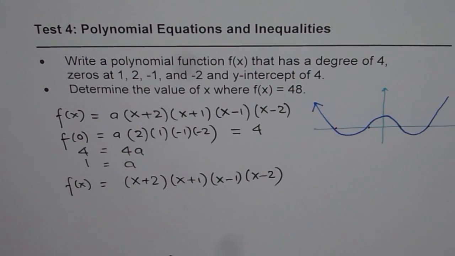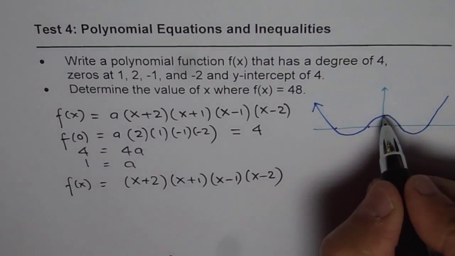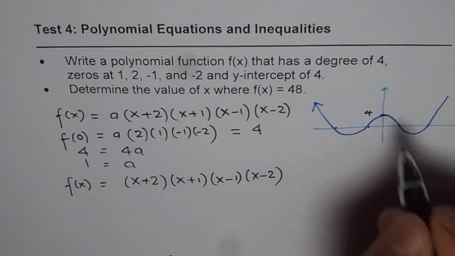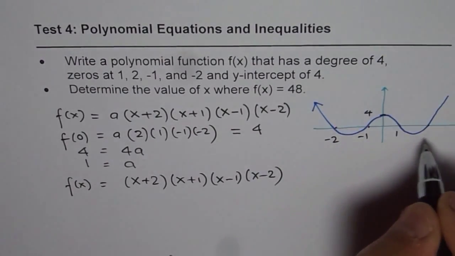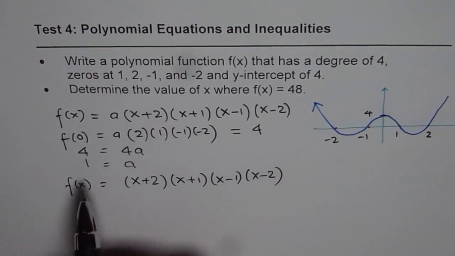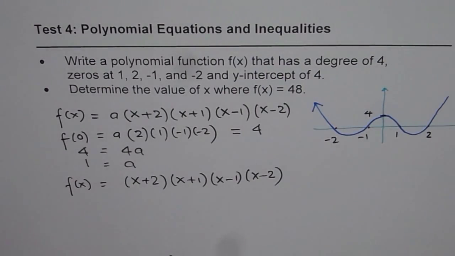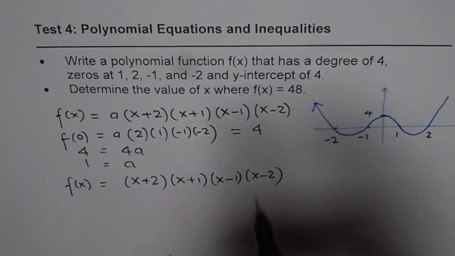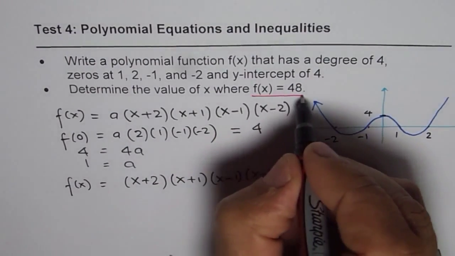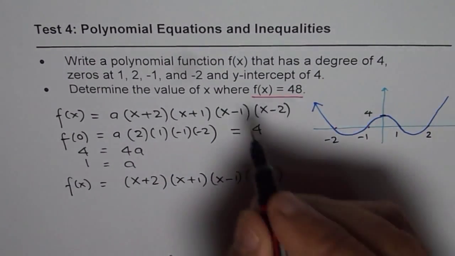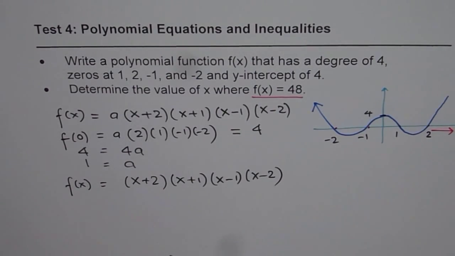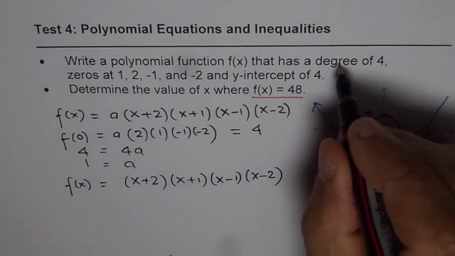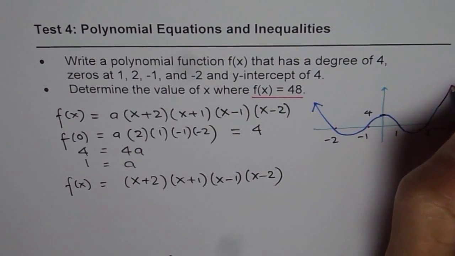Since we know that the y-intercept is 4, there we are at 4. These zeros are at minus 2, minus 1, 1 and 2. We are looking for a value where f of x equals 48. Clearly this answer is to the right of 2, correct? Since it is degree 4, it is rising very steeply.